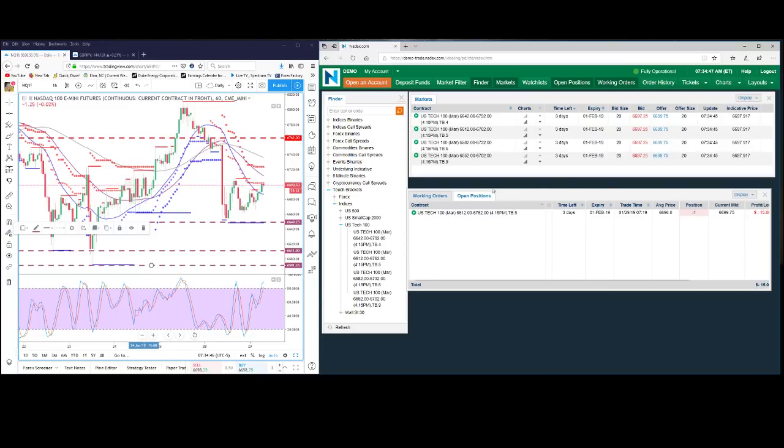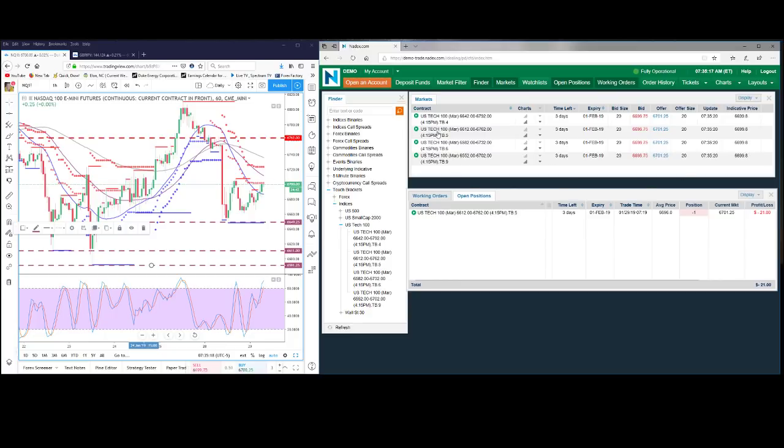Now, you're not limited to one direction on these either, okay? You can actually go both long and short, and I haven't covered that. So in this case, let's say that you wanted to do both a long and a short.